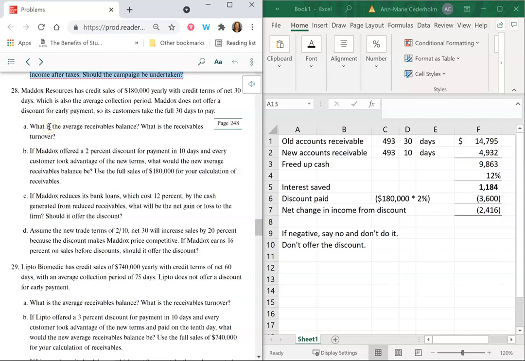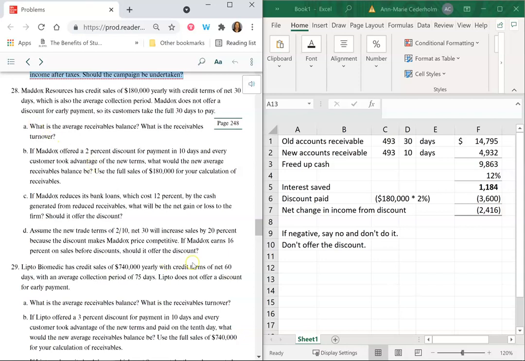Maddox Resources has credit sales of $180,000 yearly with credit terms of net 30 days, which is also the average collection period. Maddox does not offer a discount for early payment, so its customers take the full 30 days to pay.